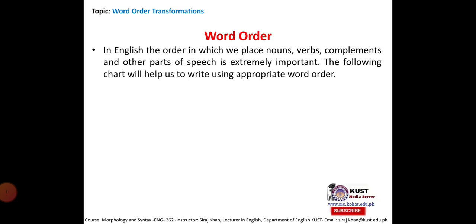For example, if I say "I am in middle school," and the same sentence with another structure, "in middle school I am," that is incorrect. "How are you today?" is the question we ask on a daily basis.